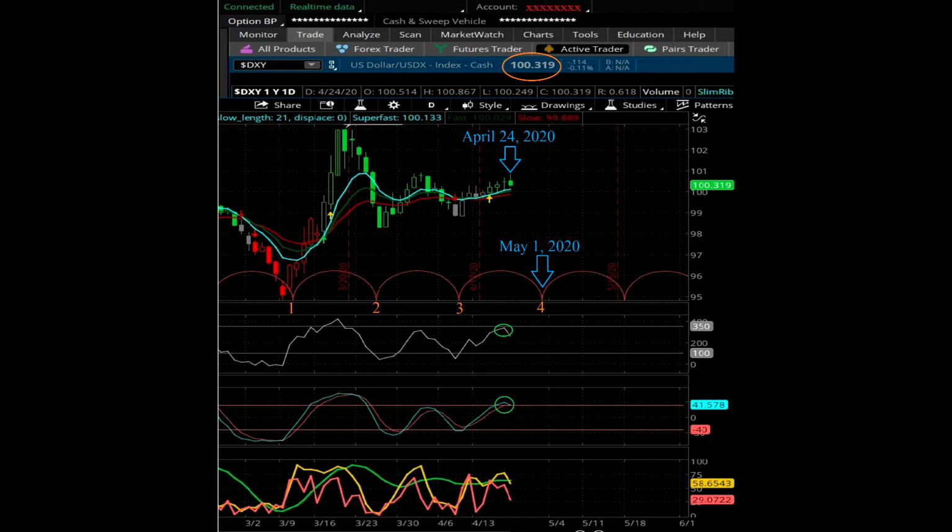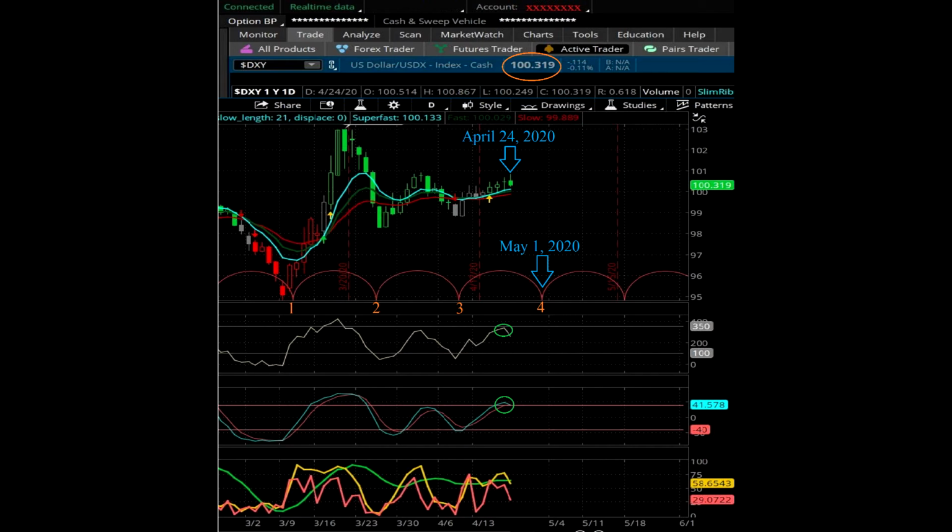Well, guess what? On May 1st, we're projecting that there's going to be a low in the US dollar, that the price is going to come down between April 24th and May 1st. How much it comes down, we can project that too. There's techniques to project that, but today I'm not going to get into how much we think it's going to come down.